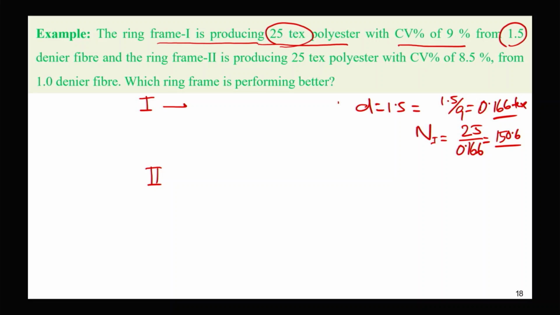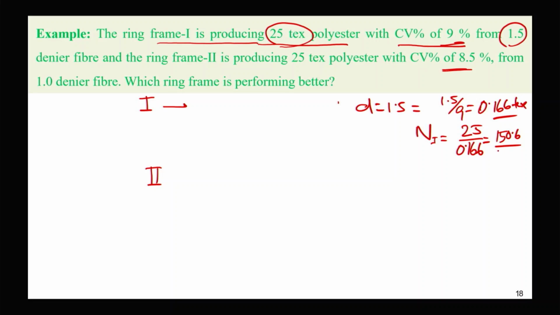And here you can see that ring frame 1 is producing higher unevenness.